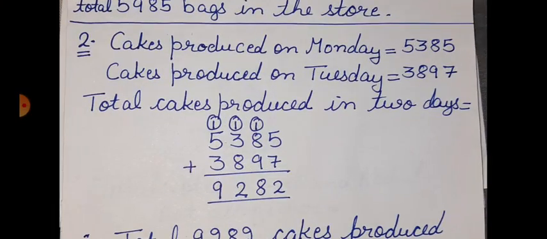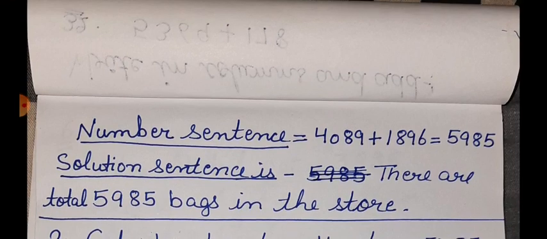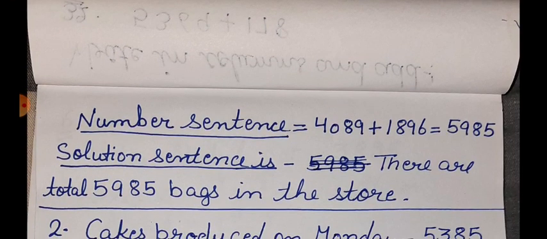Now at the last they have told us to write down the number sentence and the solution sentence also. For the number sentence, you have to add both the numbers, whatever you have done in the sum, that is 4089 plus 1896 is equal to 5985.